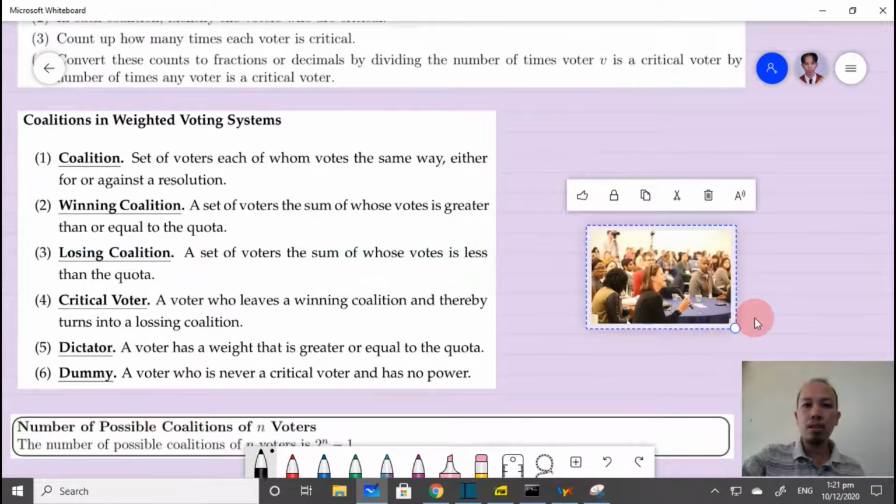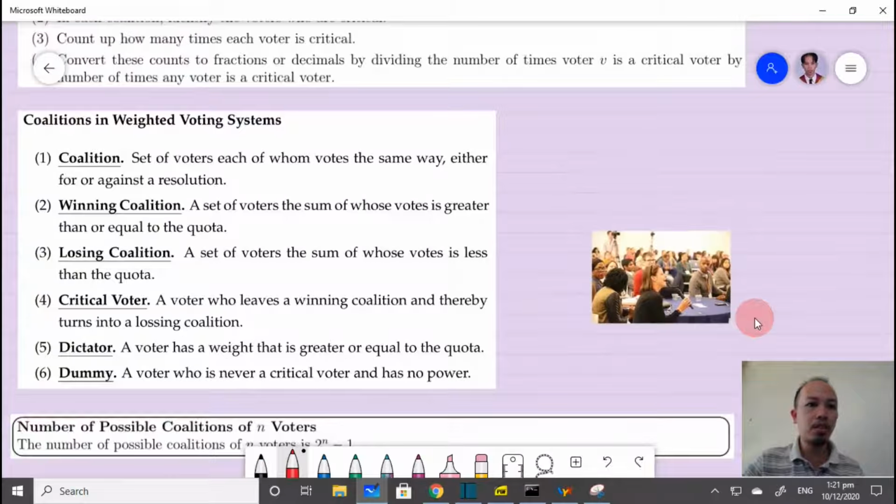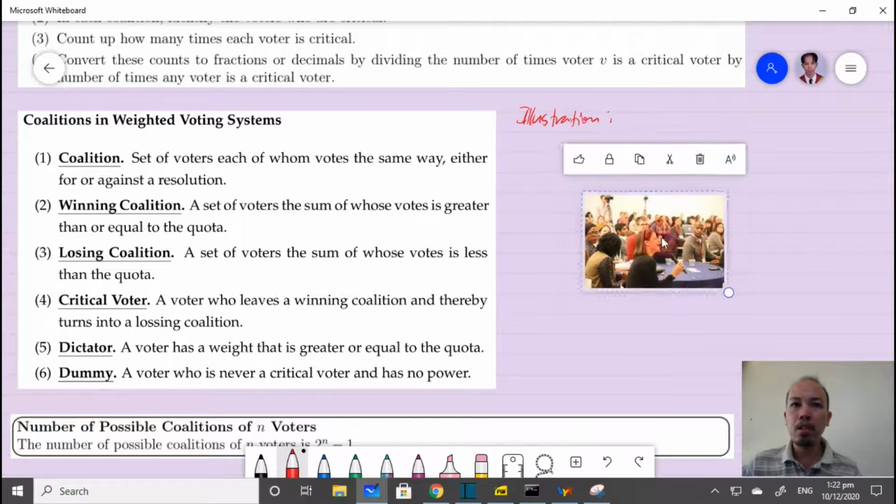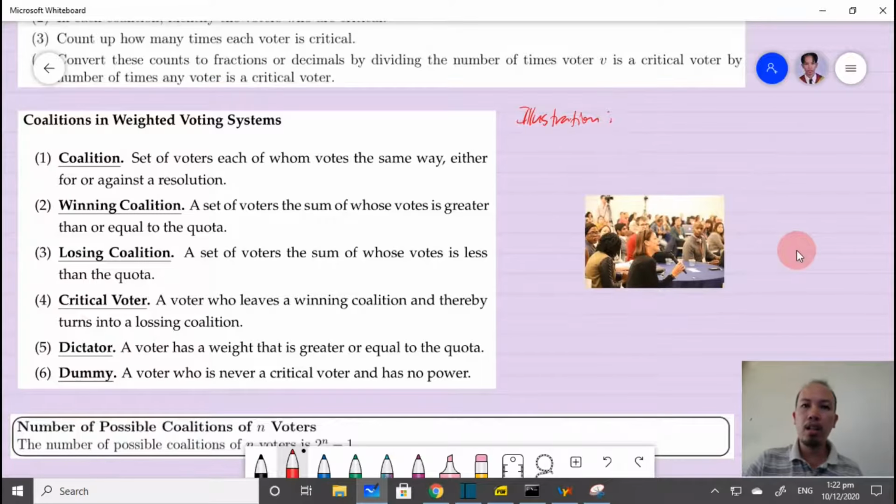For an illustration, suppose that these people here are owners of, let's say, the Jollibee corporation.